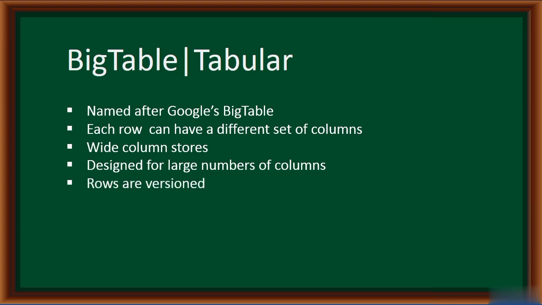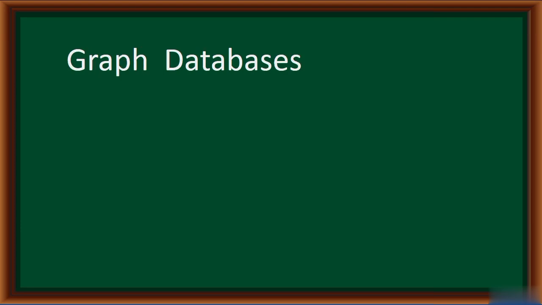The next type or category we're going to talk about is the graph databases. Basically, a graph database is a database that uses graph structures for semantic queries, using nodes, edges, and also using the properties to represent and store data.